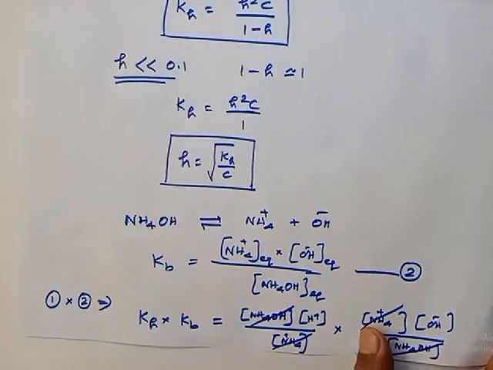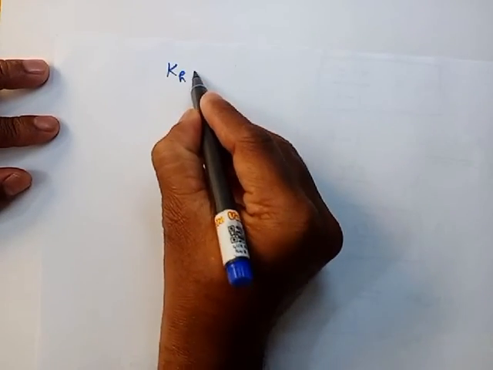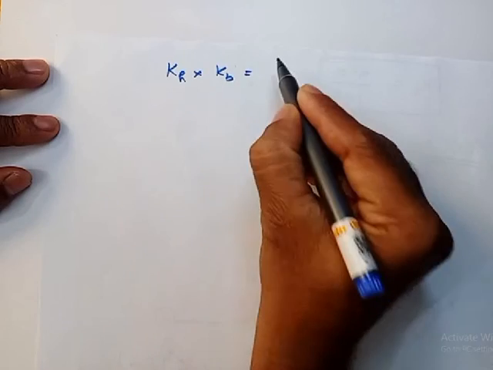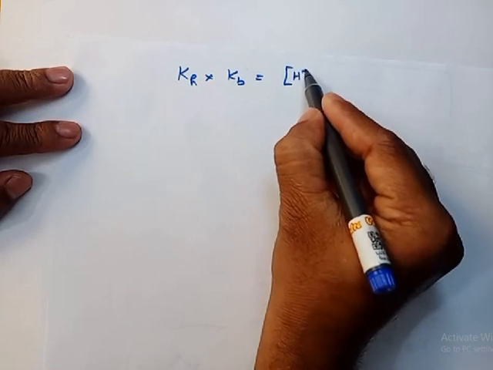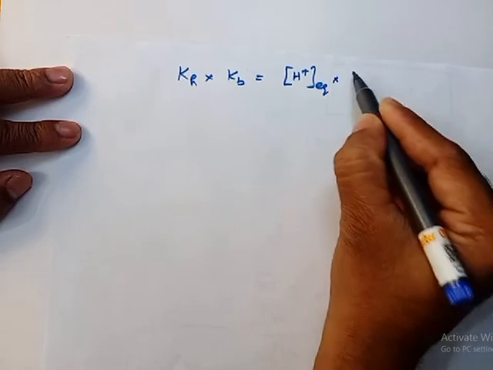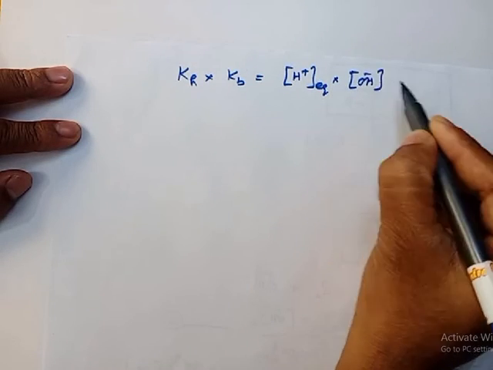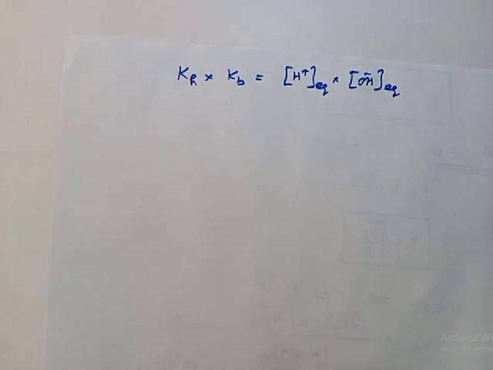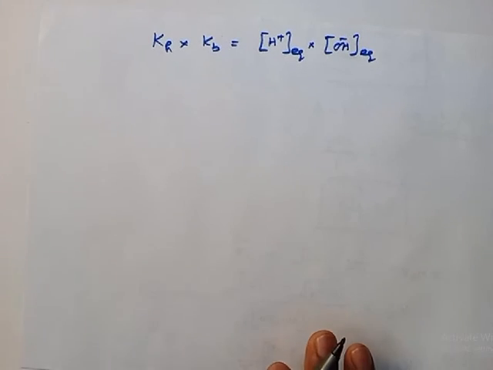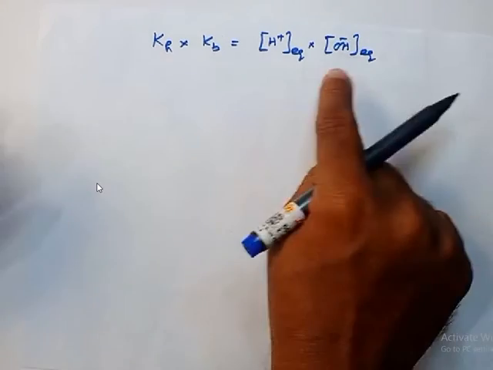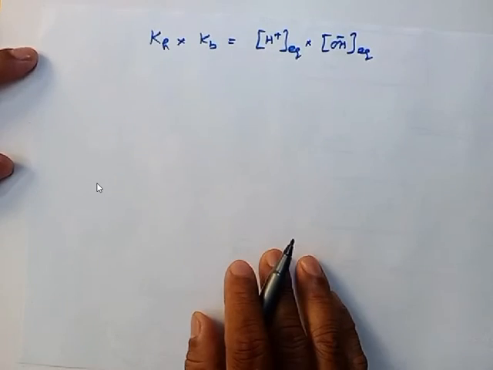So KH into KB is equal to the concentration of H plus at equilibrium into the concentration of OH minus at equilibrium. And you know very well the product of these two is what we call the ionic product of water.